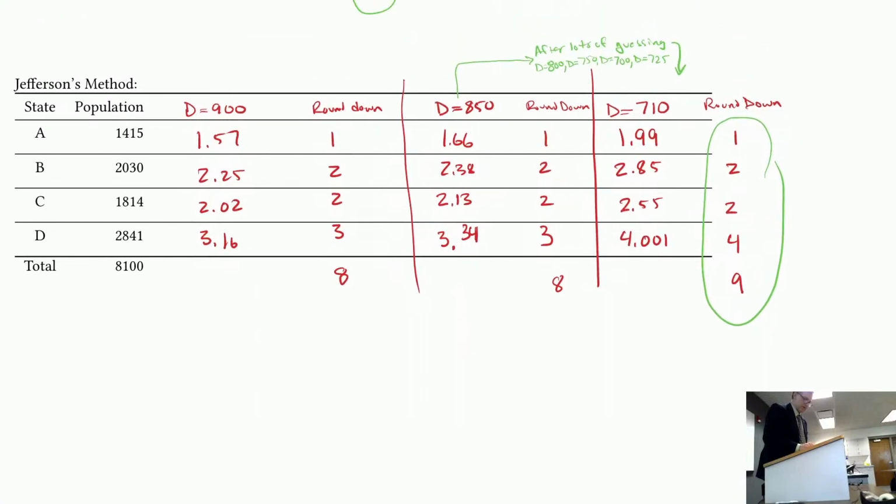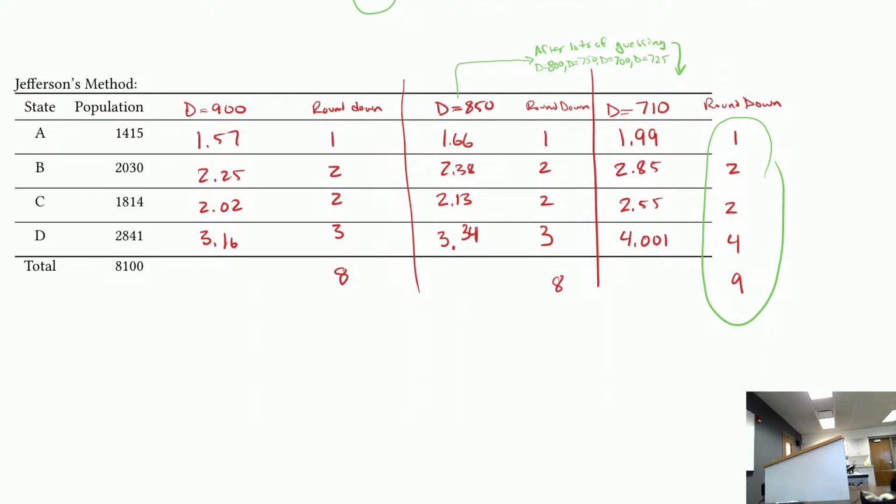Here's what I wanted to show you: when you're doing Jefferson's method, usually it takes a little bit of work, and you'll eventually get something that works. I didn't show all of the work that I did for this Jefferson's method because it was a lot of work, and I didn't want to write it all down here.